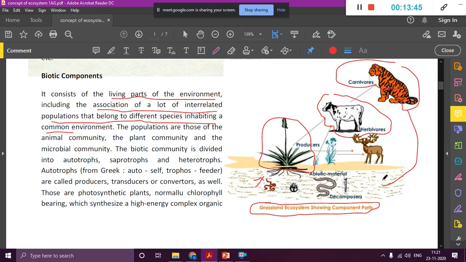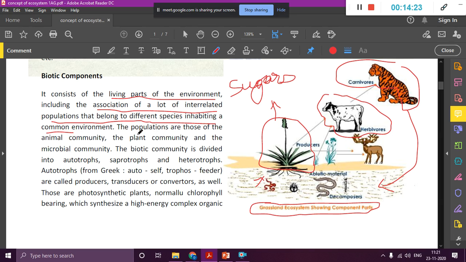When they die, they decompose in the soil and produce inorganic materials, and they are absorbed by the producers. The producer is again eaten by the herbivores. The producers produce sugars and starch, food, through the process of photosynthesis, and they are consumed by the cattle or deer, and they are consumed by the carnivore.